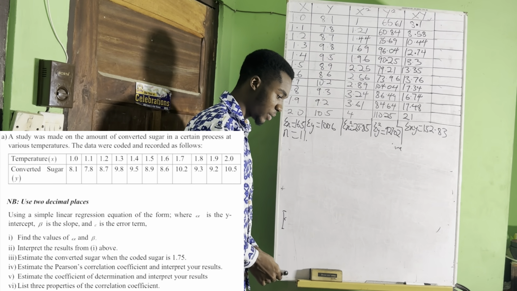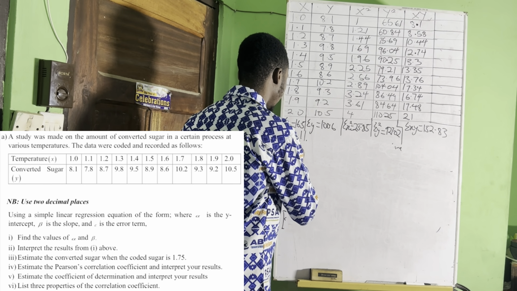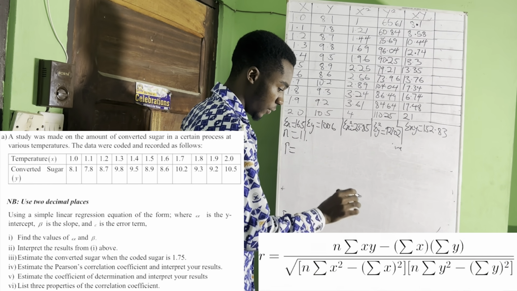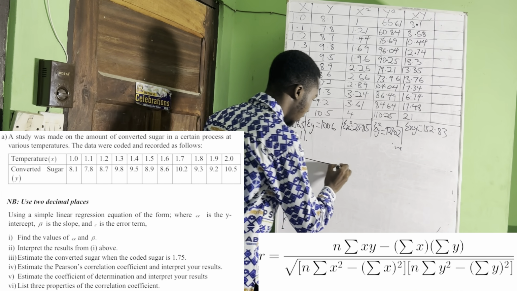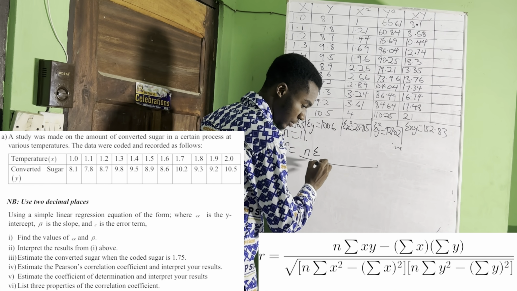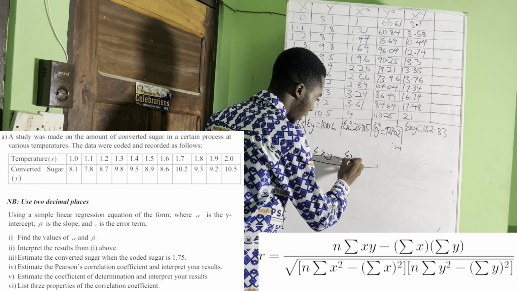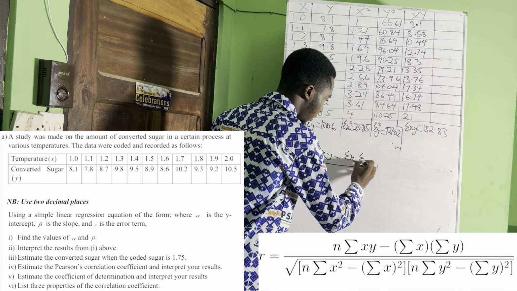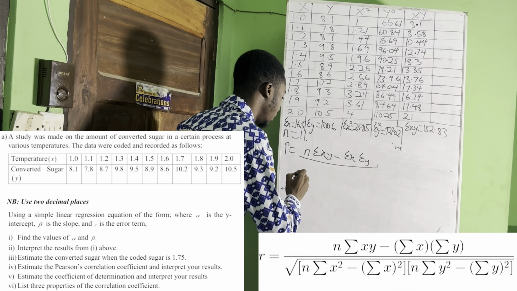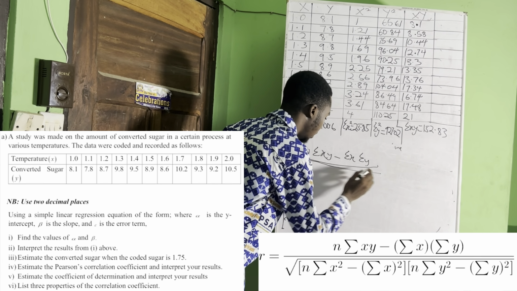The formula for Pearson's correlation coefficient, which you represent by R, is n sigma xy minus sigma x sigma y, over the square root. Everything in the denominator is under a square root.